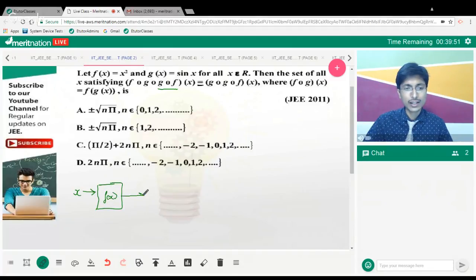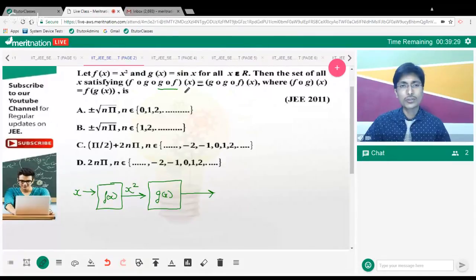What do I get as output? f(x) is x square, so I get my output as x square. Now that goes as the input in g, because after f, the second function is g. So if I write g(x), as g(x) is sine x and x square is going as the input, g will just put sine over it and I'll end up getting sine of x square.